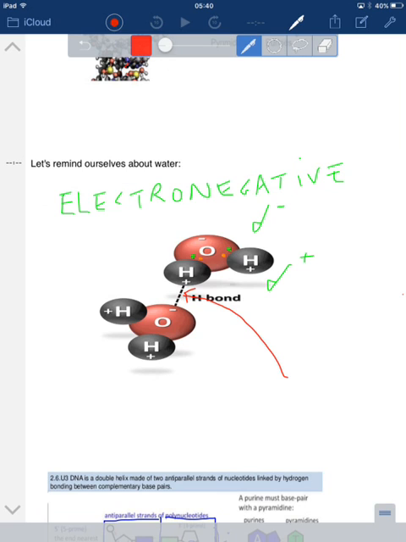So oxygen here would be attracted, for example, to an H plus of water over here, and this H plus is going to be attracted to an oxygen over here.